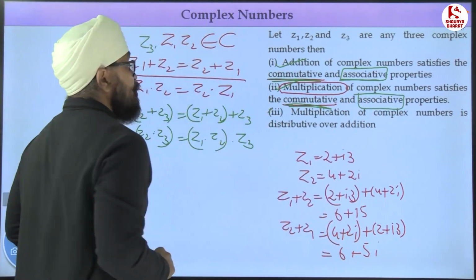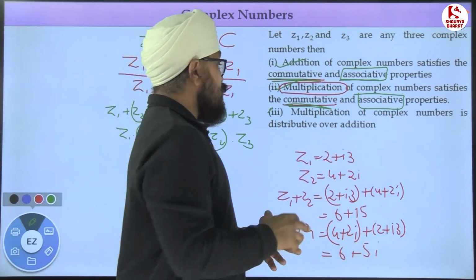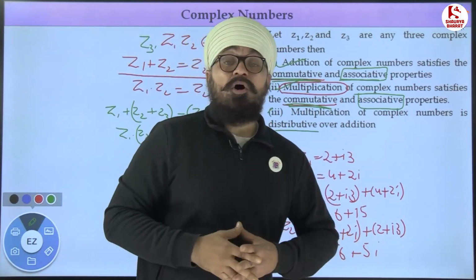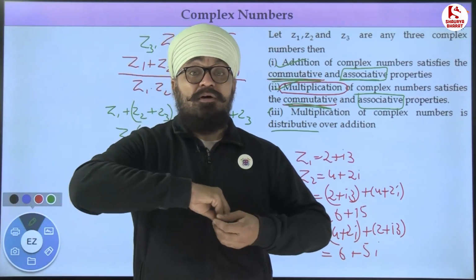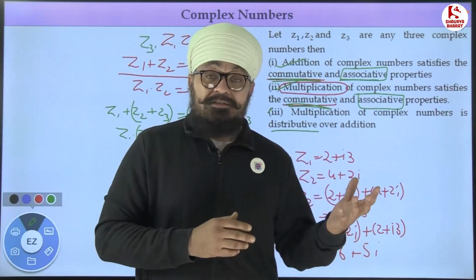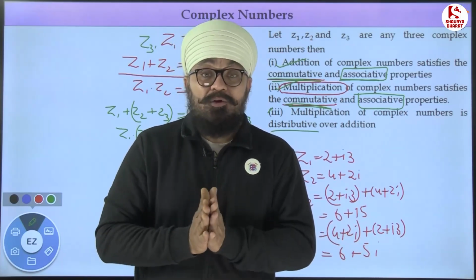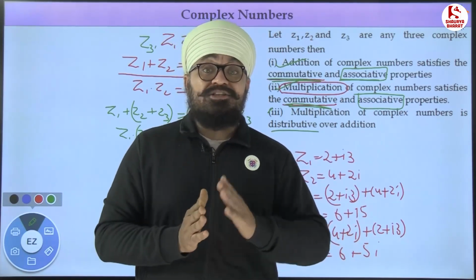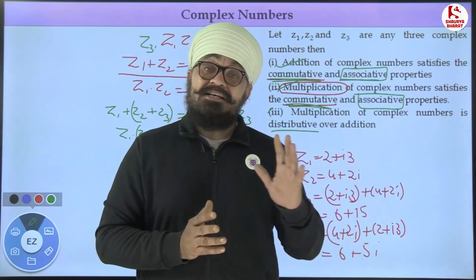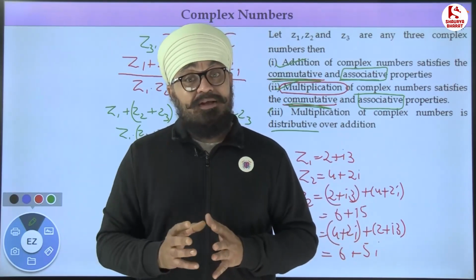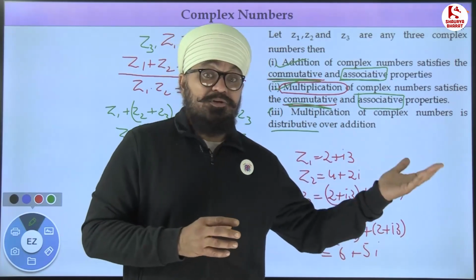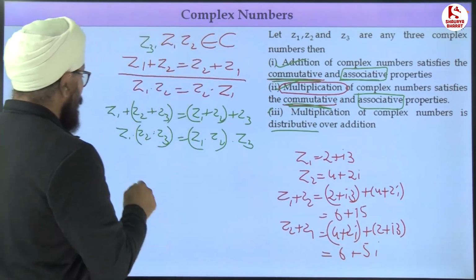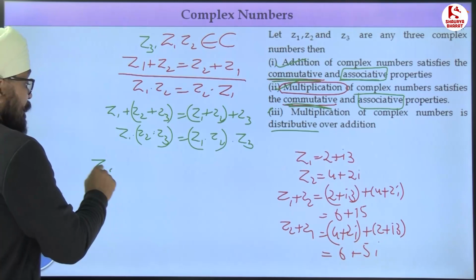Now, the next one, which is a very important one, is known as the distributive property or distribution law. When we say distribution, we mean we have to give something to the other side. Here we will distribute multiplication over addition. As we have done in algebra, union is distributed over intersection, or intersection is distributed over union. Here we are having distribution of multiplication.